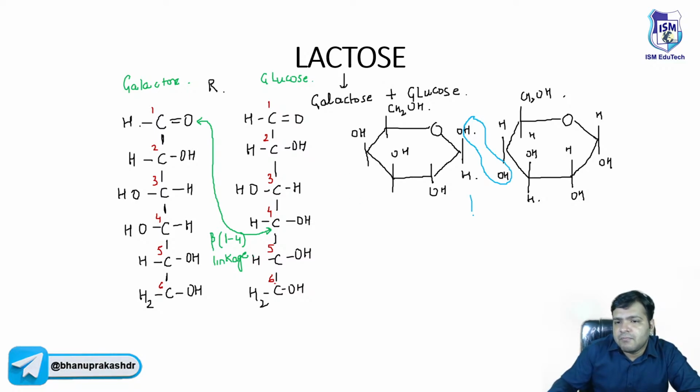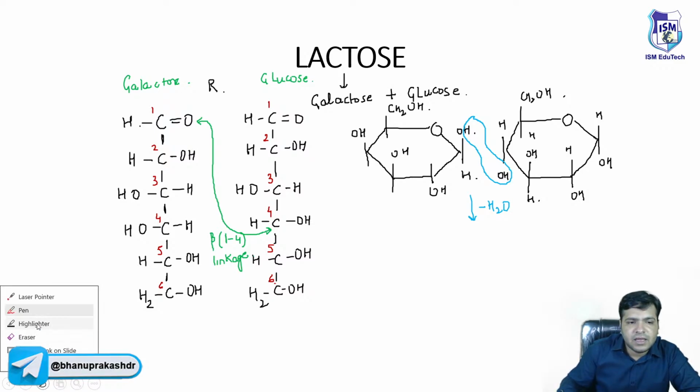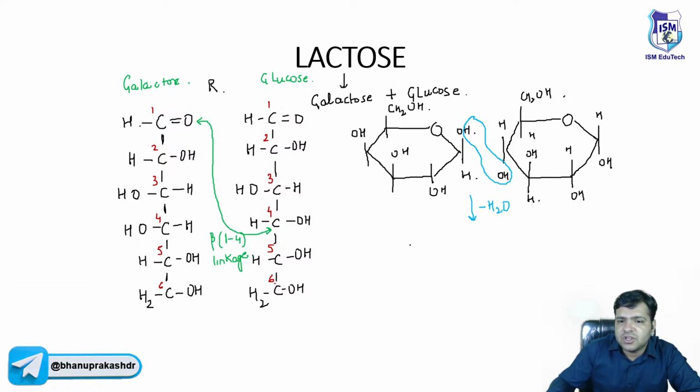So we have minus water molecule, and again this will result in the formation of the same structure. It will be somewhat like this. The oxygen will be linked over here to the hydrogen.